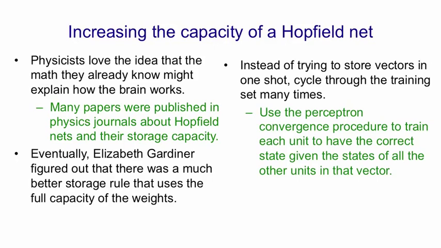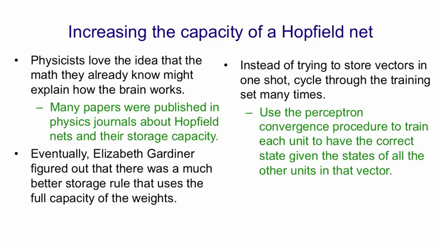What we're going to do is use the perceptron convergence procedure to train each unit to have the correct state given the states of all the other units in that global vector that we want to store. So you take your net, you put it into the memory state you want to store, and then you take each unit separately and say, would this unit adopt the state I want for it given the states of all the other units? If it would, you leave its incoming weights alone.